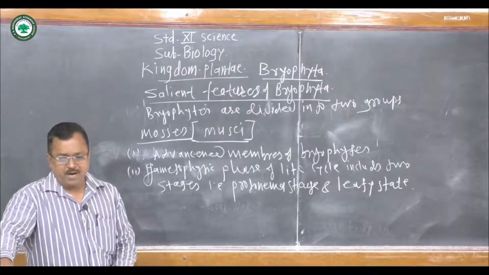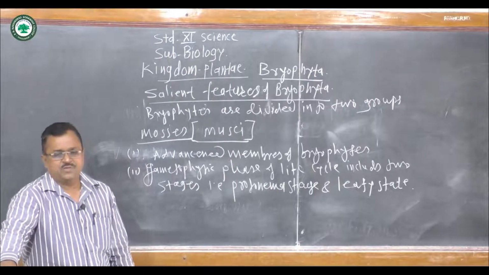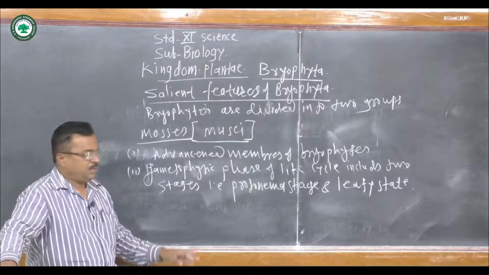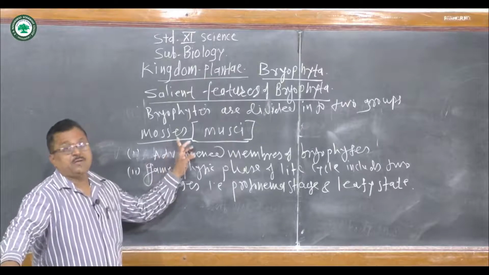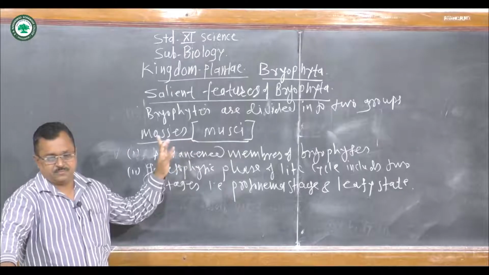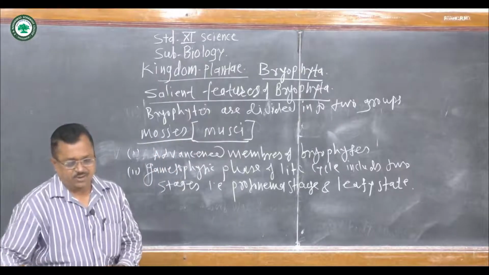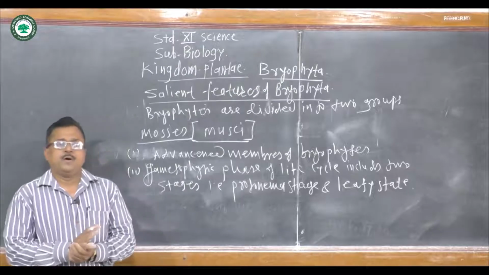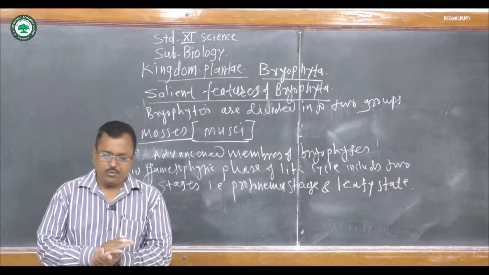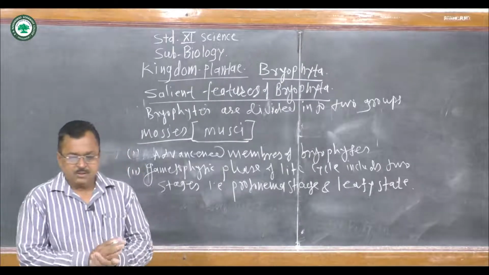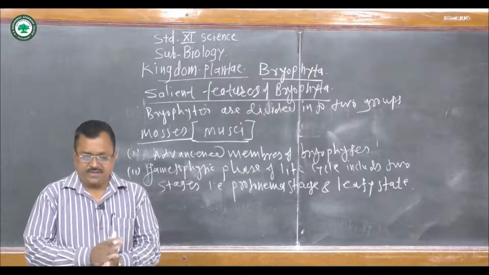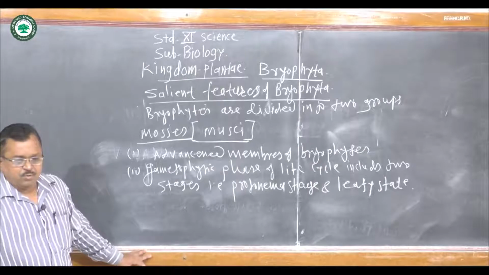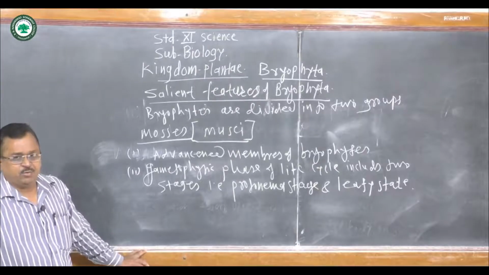Thus protonema helps in vegetative propagation in mosses. Vegetative reproduction takes place by buds from the protonema.